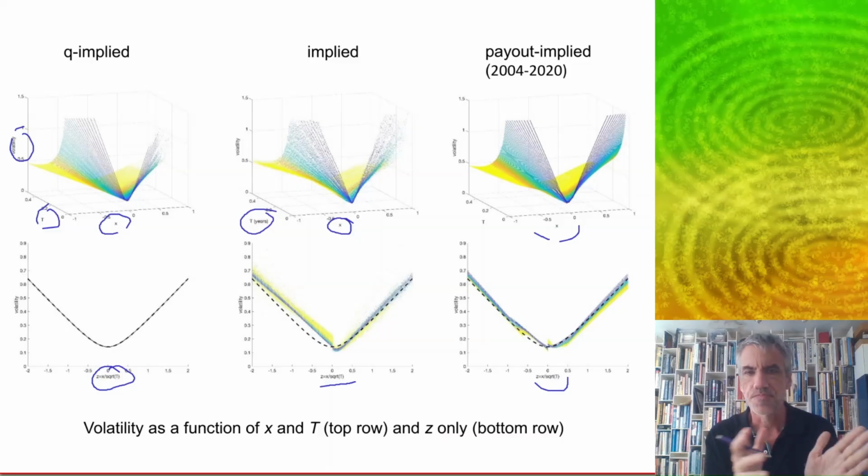So basically, it seems like the quantum model is giving a good first cut look at what implied volatility is. It's also giving you a good first cut look at what the payout-implied volatility, the market-implied volatility, should be.